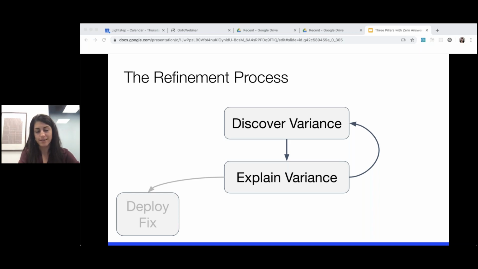So you're doing this loop for a while until you can identify a fix that you can implement. That could be rolling back the release or adding caching, etc. And then that's when you can go and deploy the fix. So we're consistently looking for a variance that can be explained by a problem that we know how to solve.